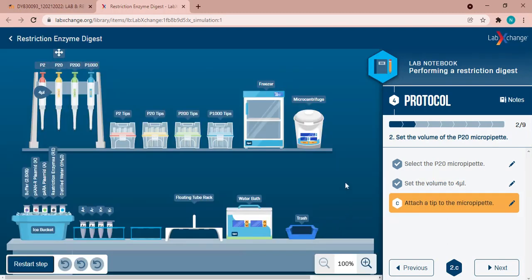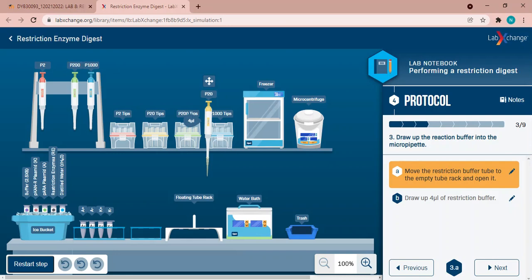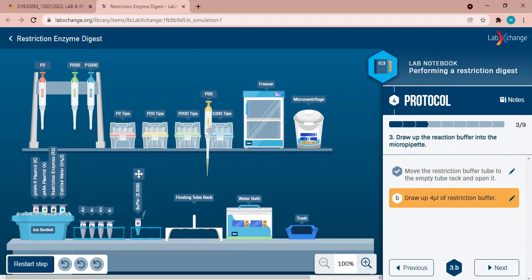Next, attach a tip to the micropipette. Okay. Next, draw up the reaction buffer into the micropipette. First, move the restriction buffer to the empty tube rack and open it. Then draw up 4 microliters of restriction buffer.